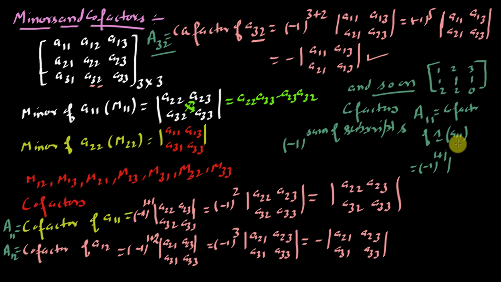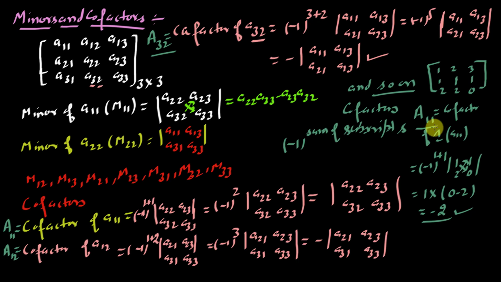Leave the first row and the first column. What is left? 1, 1, 2, 0. This will go down, this will go up. Minus 1 raised to the power 2 is 1. It will be 0 minus 2, which is minus 2. So this will be capital A11.